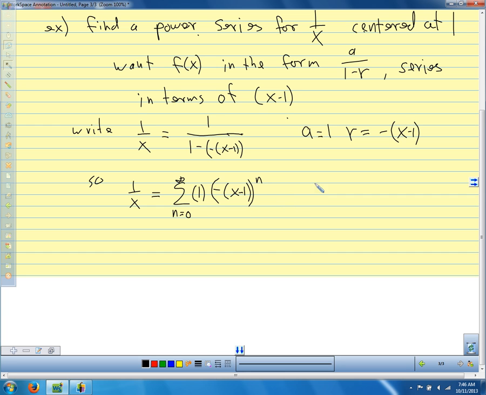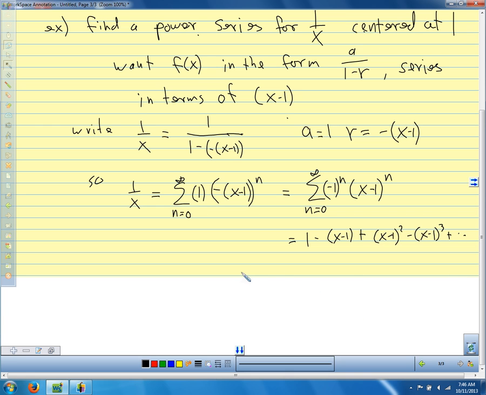I can take the negative 1 to the n out and write negative 1 to the n times x minus 1 to the n. If I write out some terms, this is 1 minus x minus 1 plus x minus 1 squared minus x minus 1 cubed plus dot dot dot.